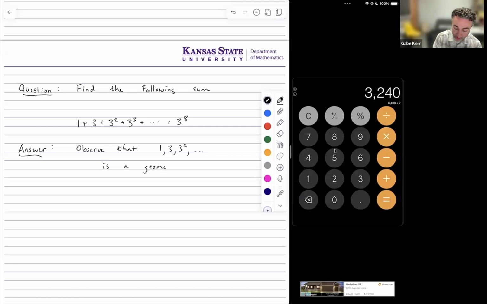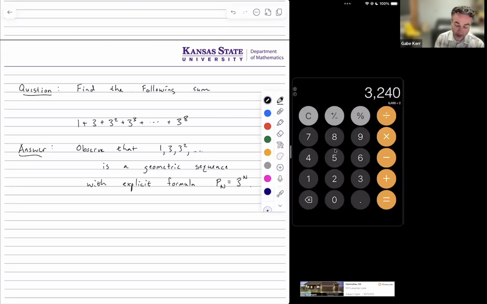So what we're dealing with here is the geometric sum formula. And let's go ahead and recall the explicit formula for the geometric sequence. P sub n equals, in this case, 3 to the nth power.